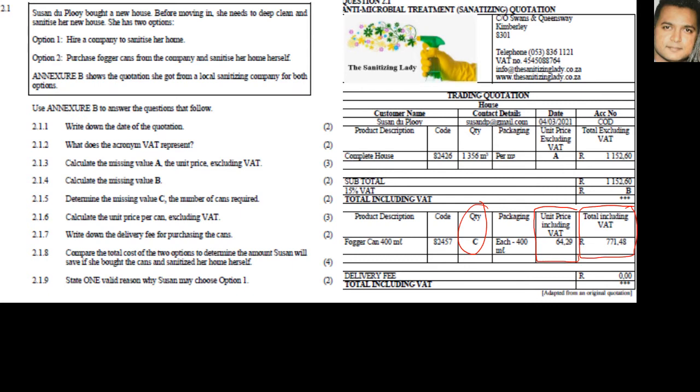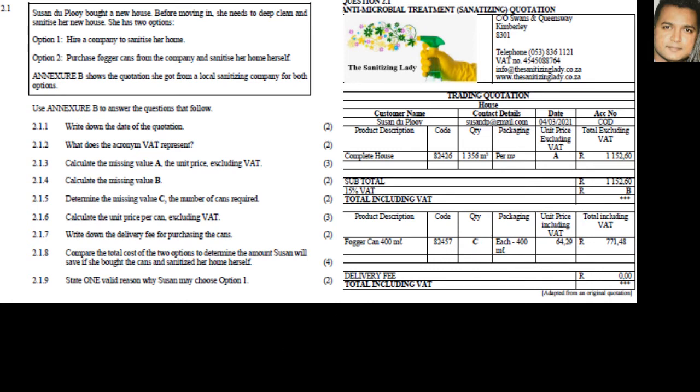So now that we know the total cost, we know the price of one item, just divide those numbers and it'll give you the amount that we bought. So the amount we would take is 771,48, and we divide that by the 64 and 29, that's the unit price, and that would give us an amount of 12 cans.